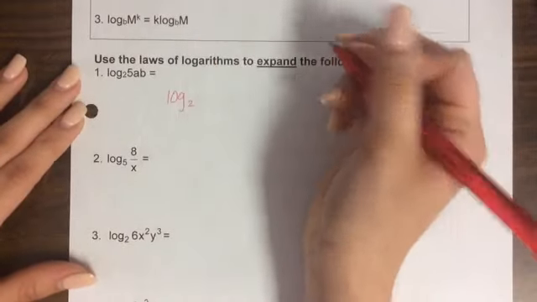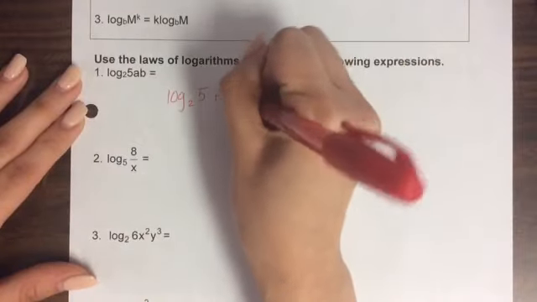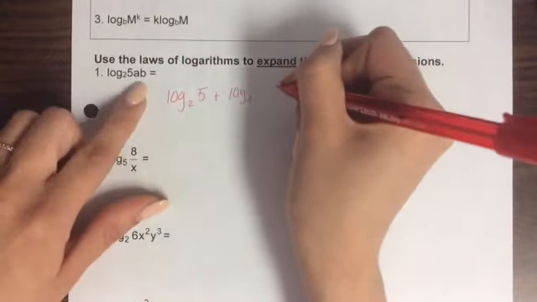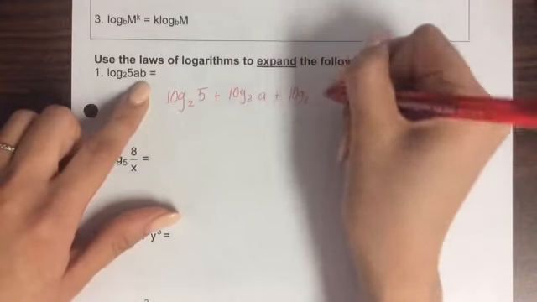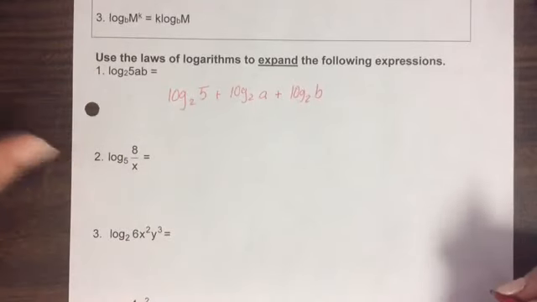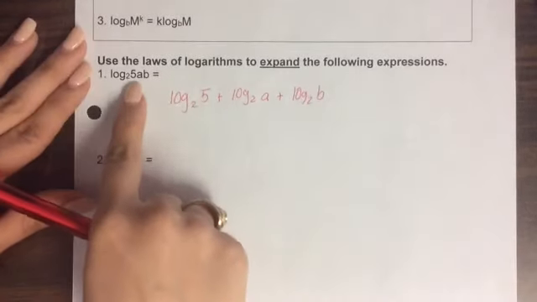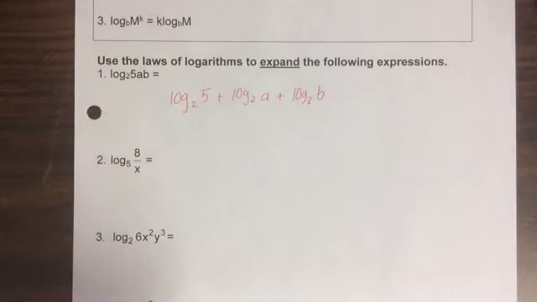So log base 2 of 5 plus log base 2 of a plus log base 2 of b. And that's it. That's all you have to do to expand it. You just add plus signs whenever you are multiplying.